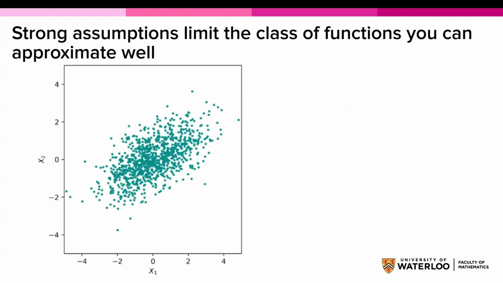For example, last week we learned how maximum likelihood estimation could be used to estimate the parameters of a multivariate Gaussian distribution. So this approach was well suited to the data set on the left here. In real-world scenarios, though, data doesn't neatly fit into the assumptions of parametric models, such as the multivariate normal distribution.